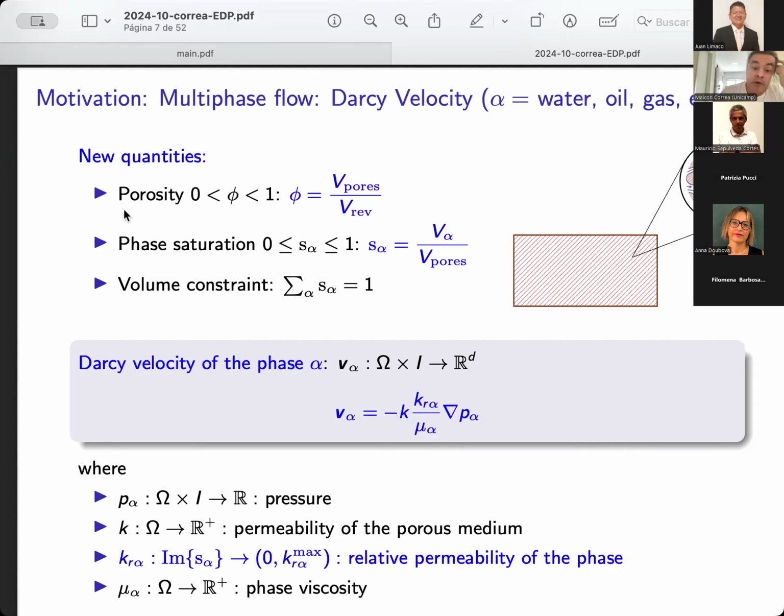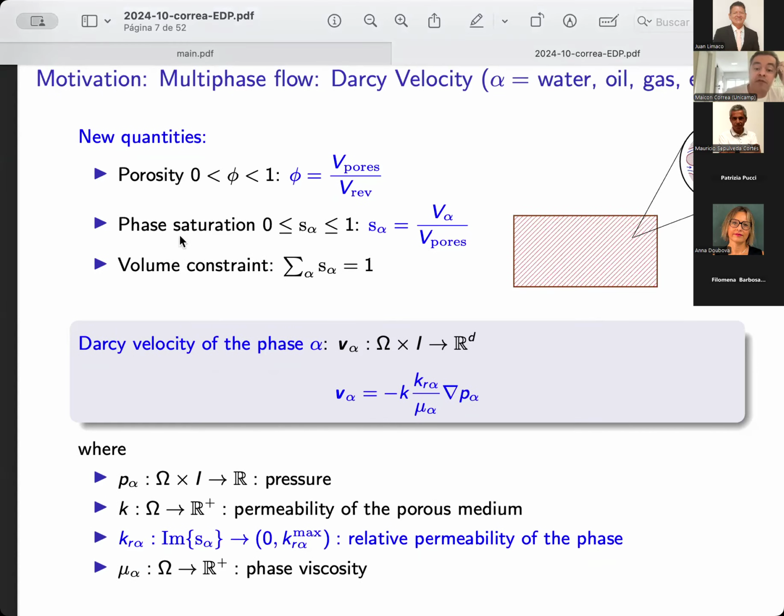And it's important to highlight here that the porosity can't be zero, because if the porosity is zero, you don't have pores, you have only a rock without pores, and we only have solid. And if it's one, it means that we are going back to the fluid flow, the Navier-Stokes. So it's between 0 and 1.